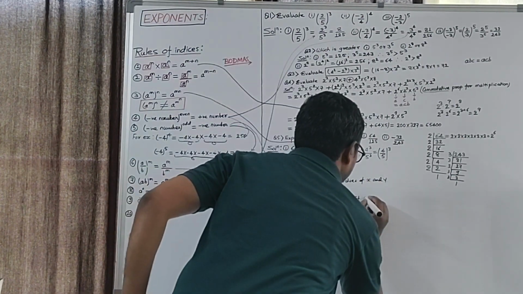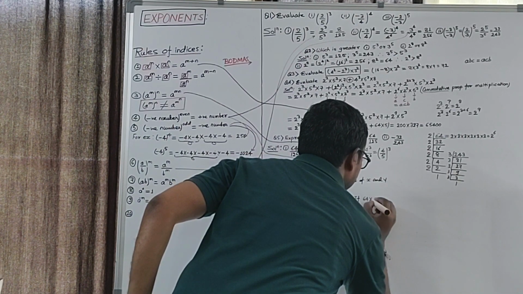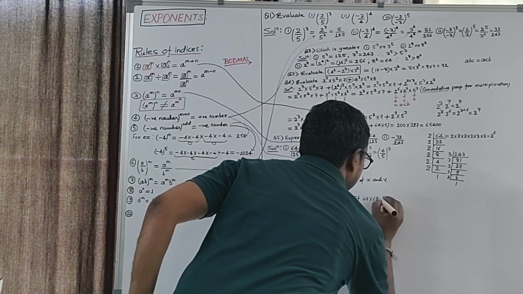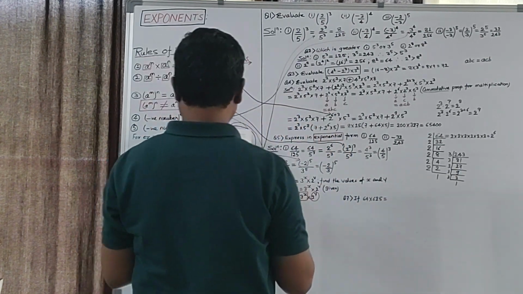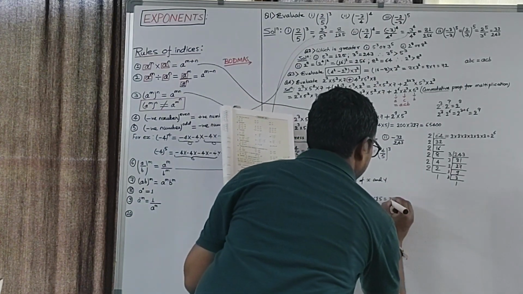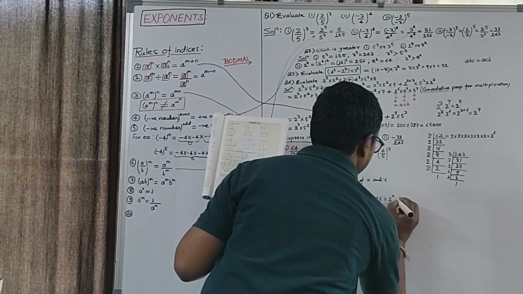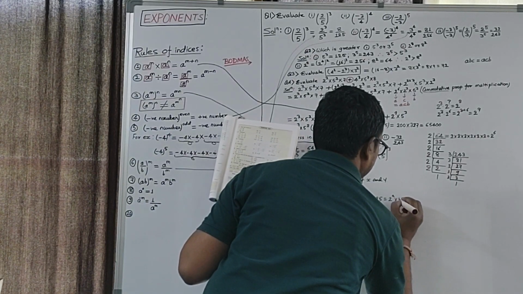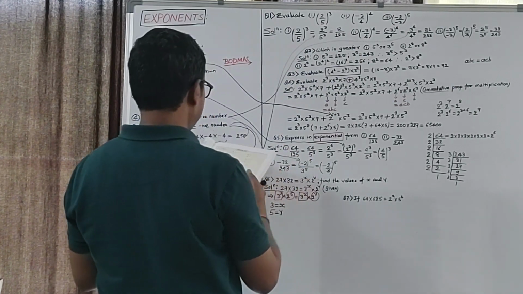If 64 into 625 is equal to 2 to the power a into 5 to the power b, find the values of a and b.